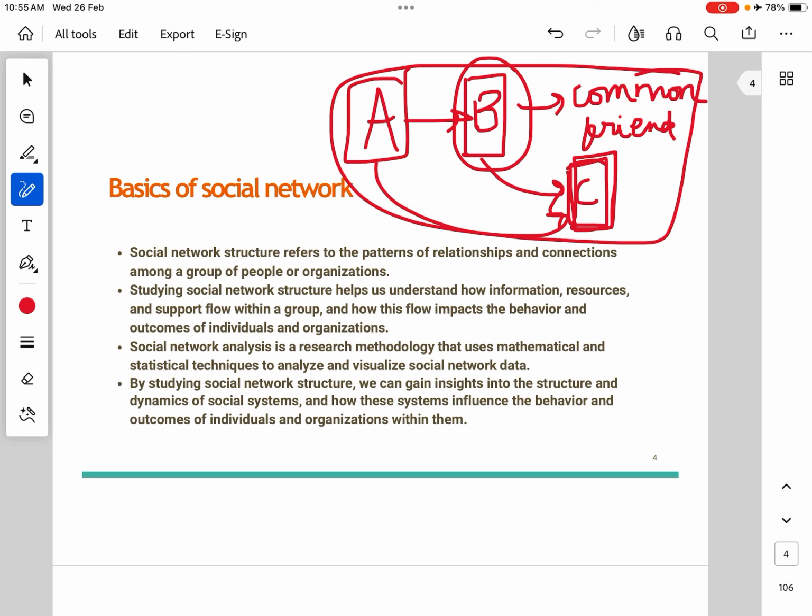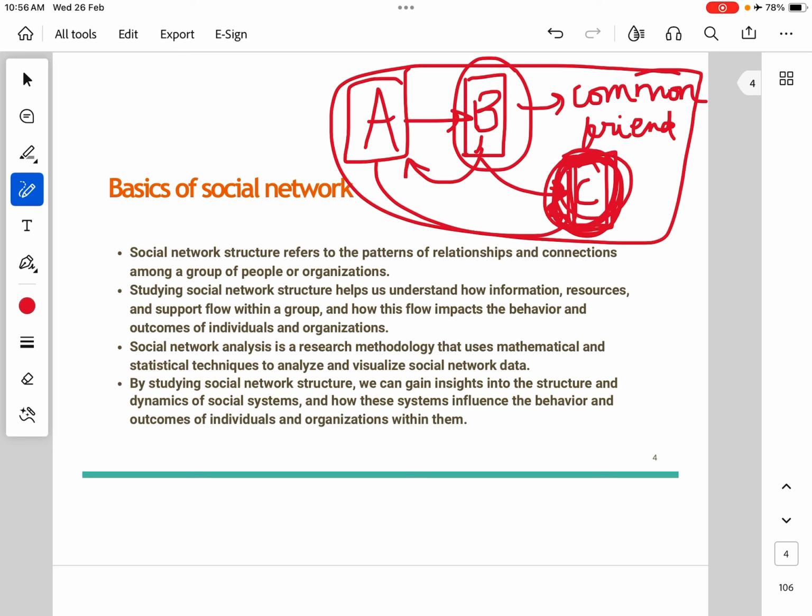Studying social network structure helps us understand how information, resources and support flow within a group, and how this flow impacts the behavior and outcomes of individuals and organizations. So how is the information spreading? For example, suppose B is saying something about C, that is B's friend, to A. Then A will understand how C is.